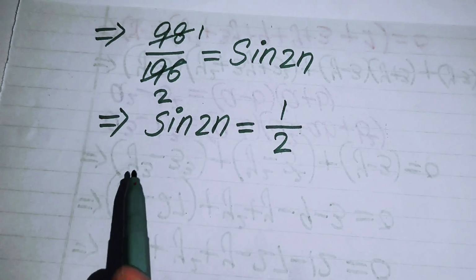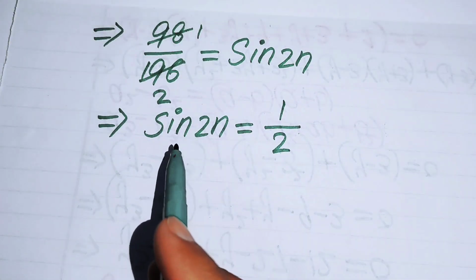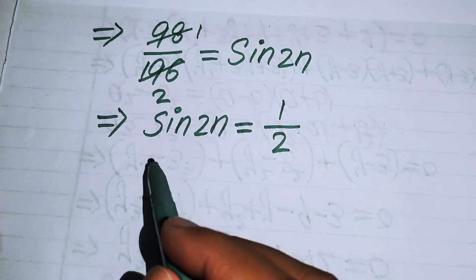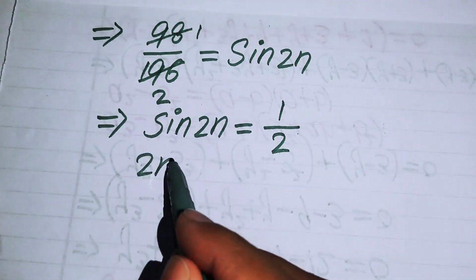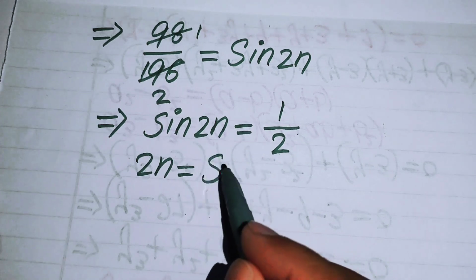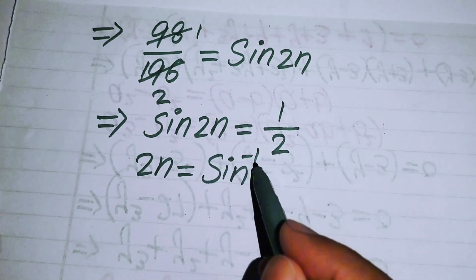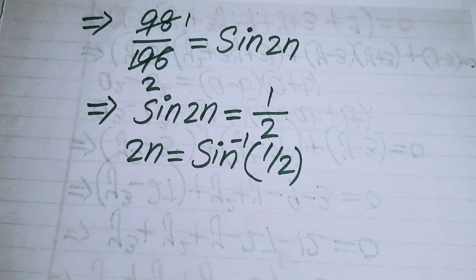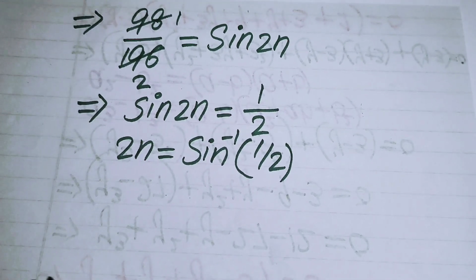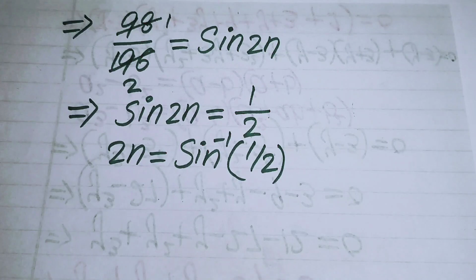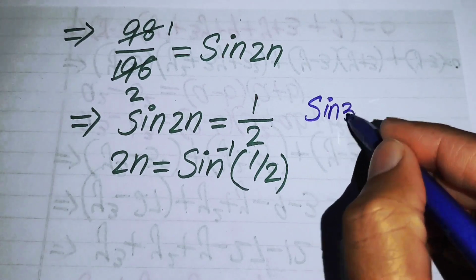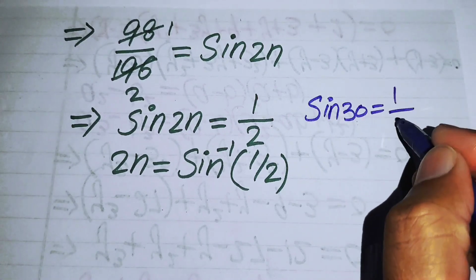Now we take the inverse sine function. Then you will get 2 times n equals sine inverse of 1 over 2. Here you know that sine of 30 equals 1 over 2.